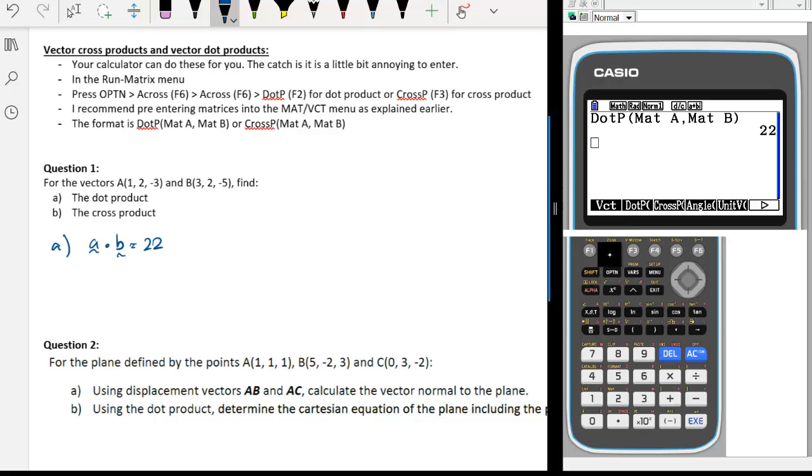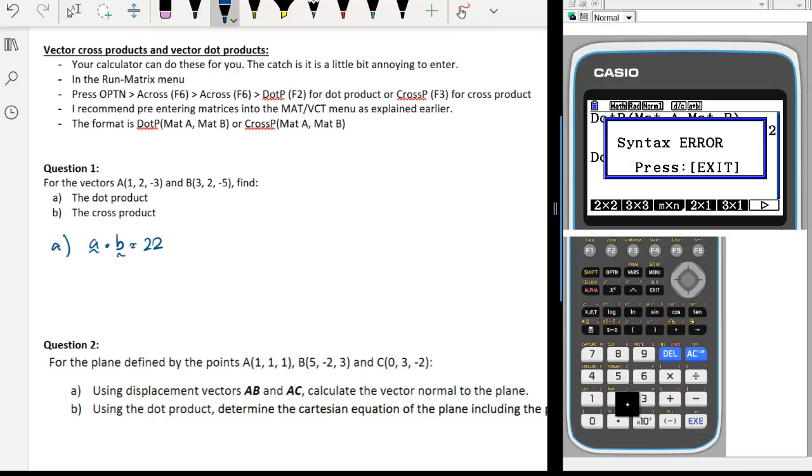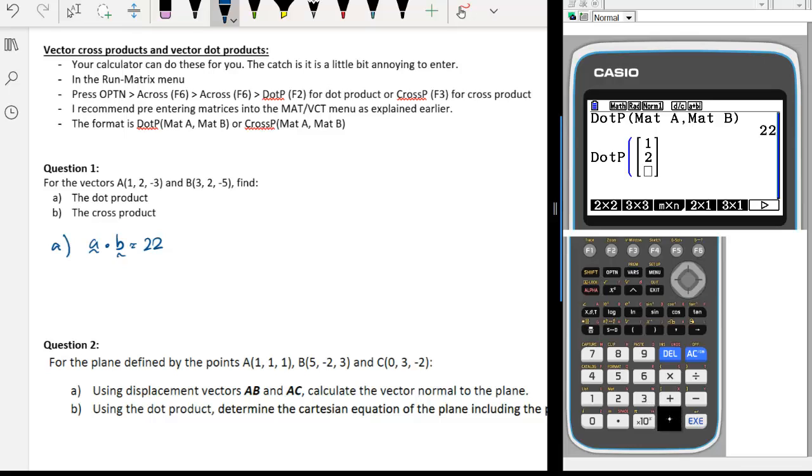Now if we want to do this the hard way, we can do dot product, and we can go back, and we can enter in using math and matrices vectors a 3 by 1, which is F5, and let's enter our values 1, 2, and -3, put in our comma, and we put in another 3 by 1, and now we've got 3, 2, and -5, and we close our brackets, hit exe, we see we get the same answer.